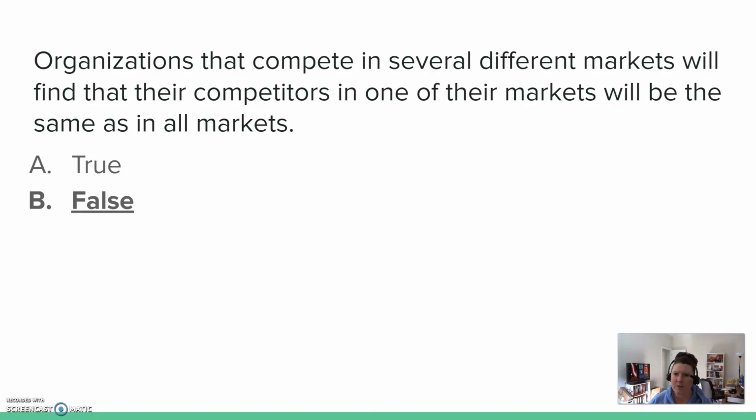So think about the example I was just giving, Hospital for Special Surgery. Their competitor in New York City is New York Presbyterian, it's Columbia, all the different big hospital systems in town. But their competitor, when they're drawing patients from upstate New York, is very different.